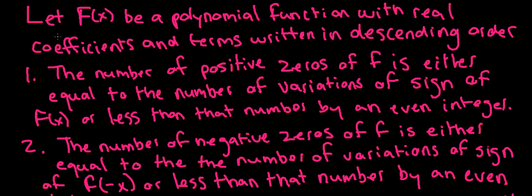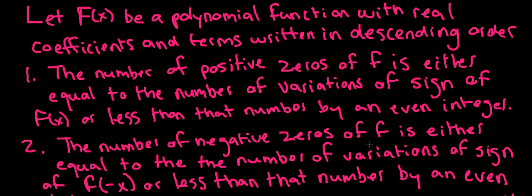Descartes' rule of signs says, let f of x be a polynomial function with real coefficients and terms written in descending order. 1. The number of positive zeros of f is either equal to the number of variations of sign of f of x, or less than that number by an even integer.